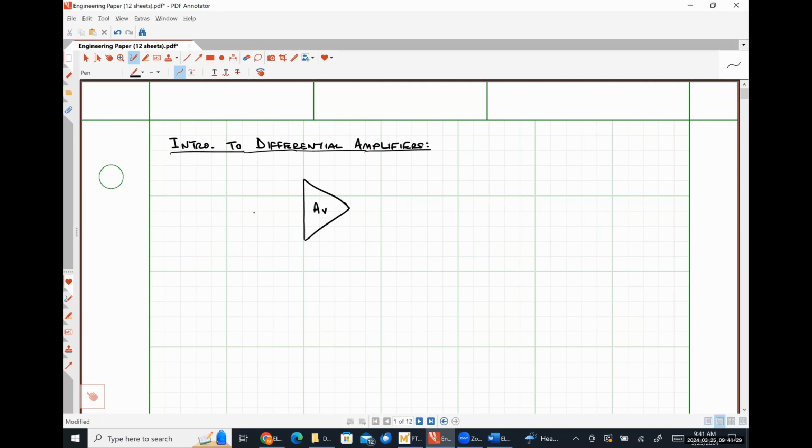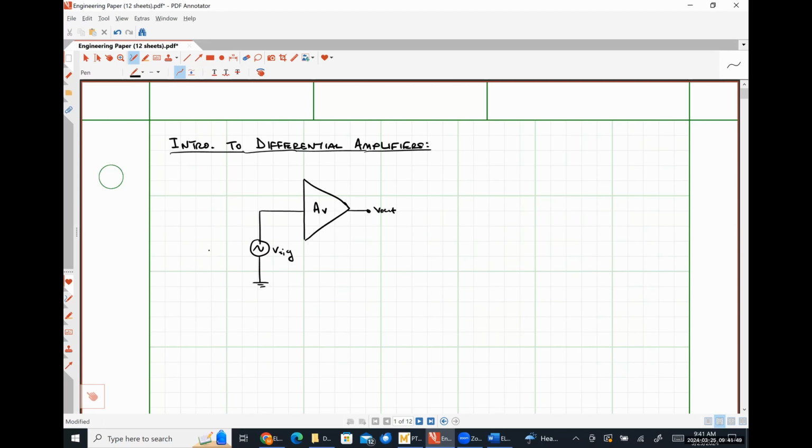And if we apply some input signal to our amplifier, so this is our signal voltage V sig, here's our output voltage.